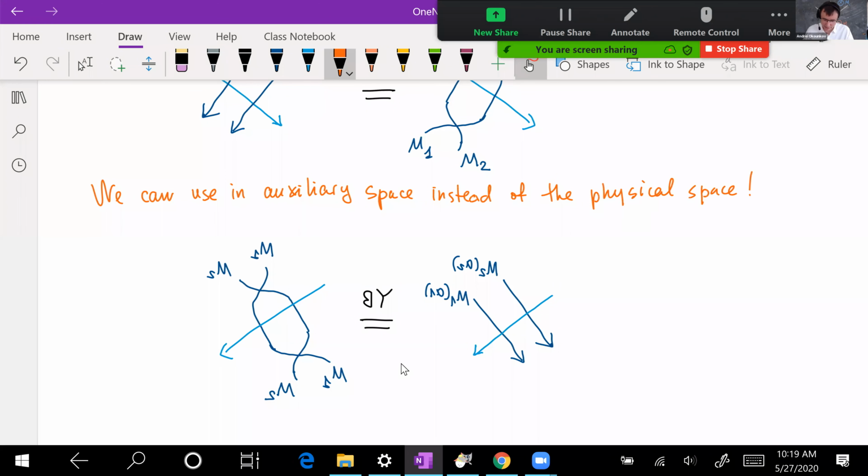Meaning, instead of braiding in the space where we want it to act, we could braid in the space where we take the coefficient. And so that means the Yang-Baxter equation is both the commutation relation and the co-commutation relation.